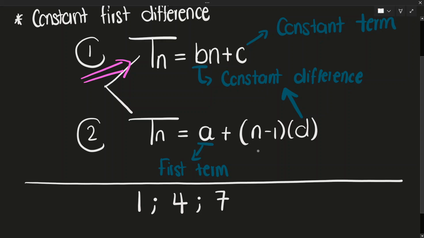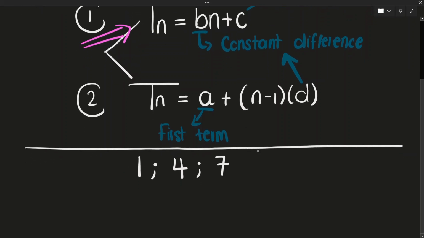You had the pattern 1, 4, and 7. And the question is basically going to ask you, determine the nth term. The question is asking you to get the nth term, right? Now, there are two ways to get the nth term, and I'll show you both ways.